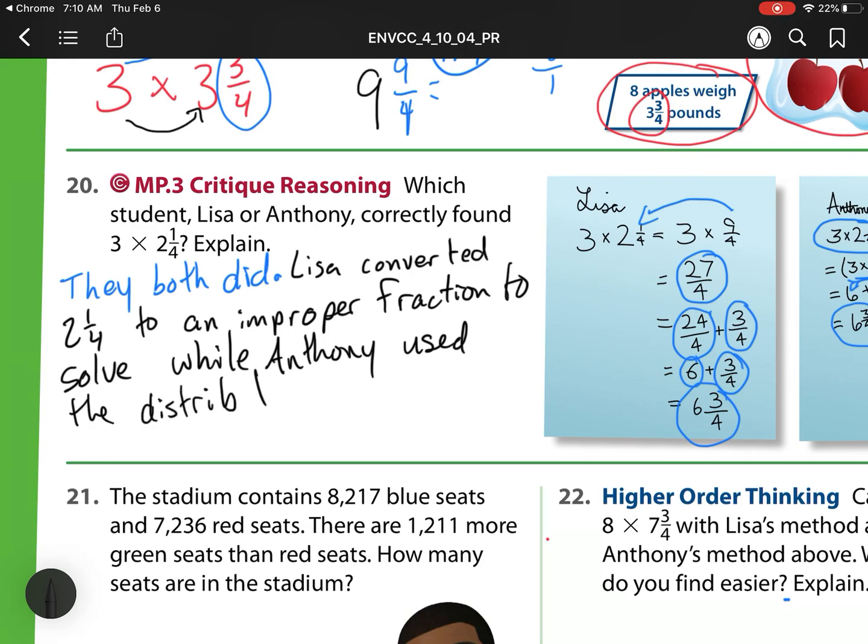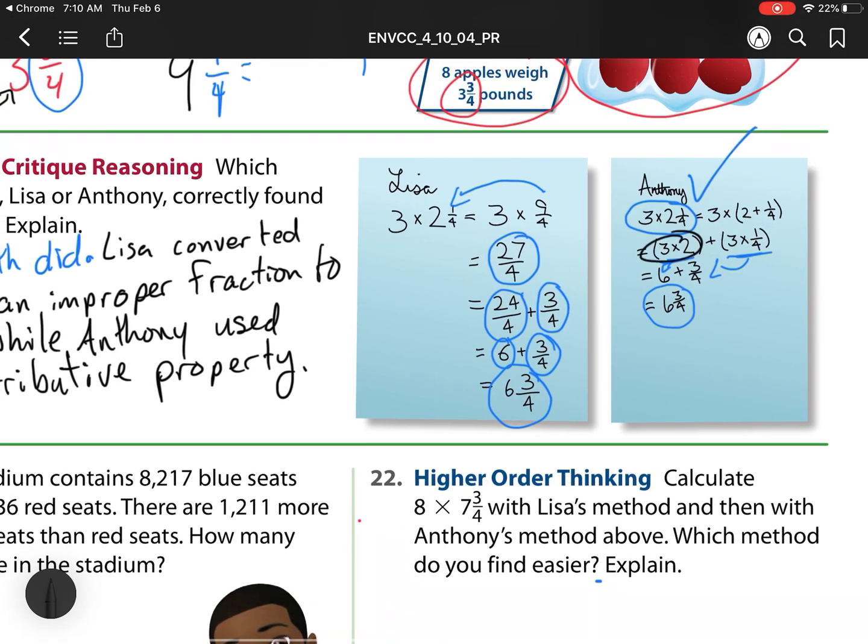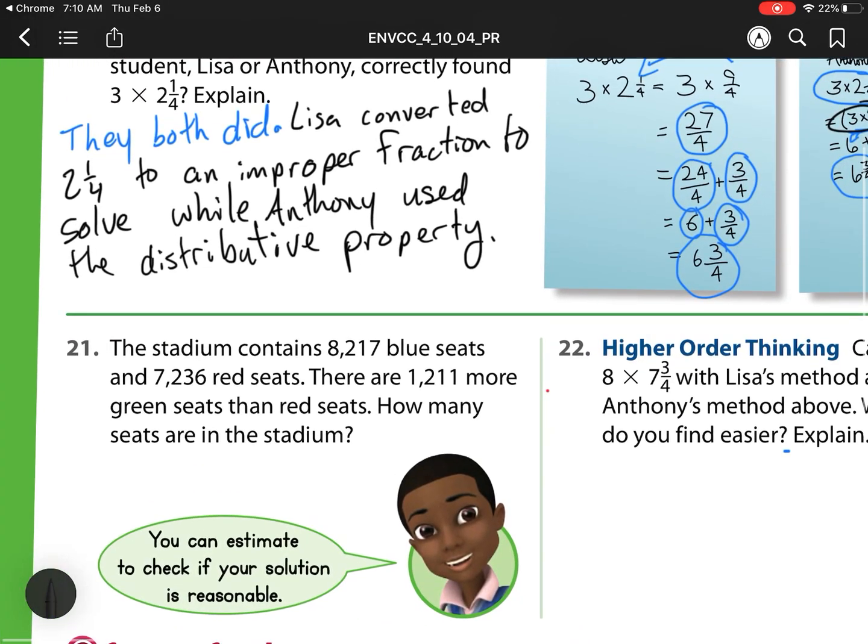And that's the one that we've been using, where we break it up into the groups of whole that we see right here and the groups of fractions, which we see right here. So they just used two different strategies, but their answers are the same.